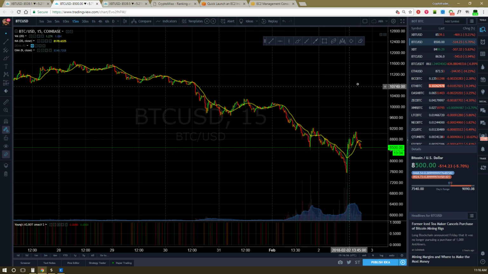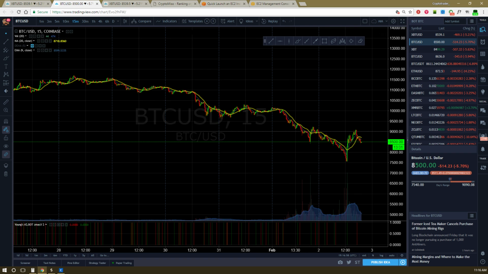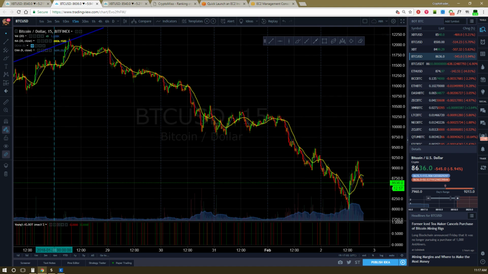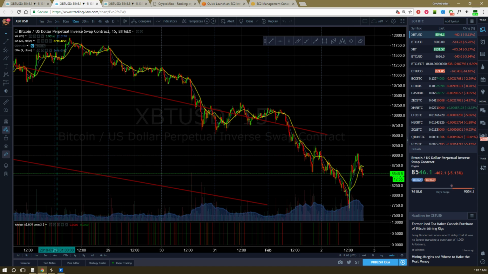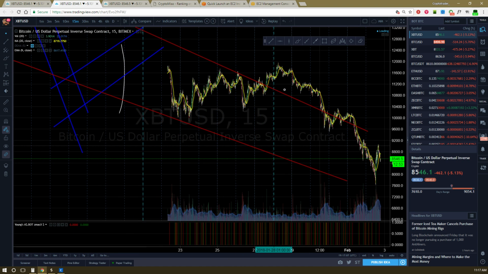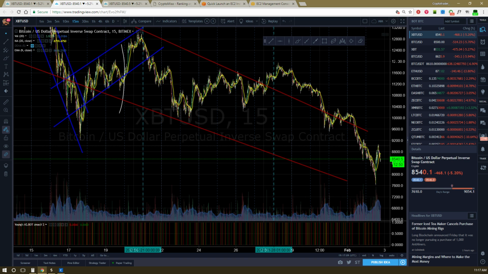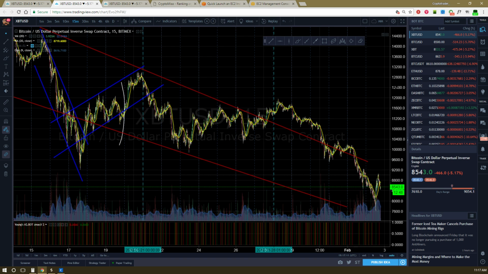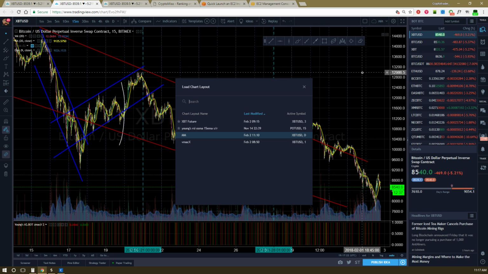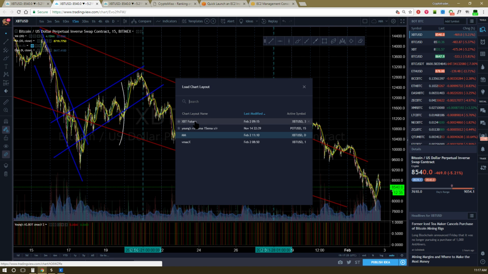Let it populate. I don't even know where I drew it. I must not have my stuff together. Oh, I know where it's at. I have to go and load a chart. It's going to open it up in a whole different page, which is crazy.